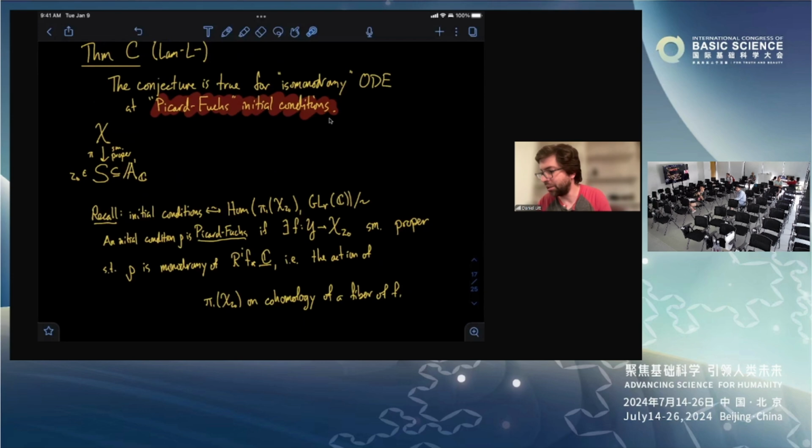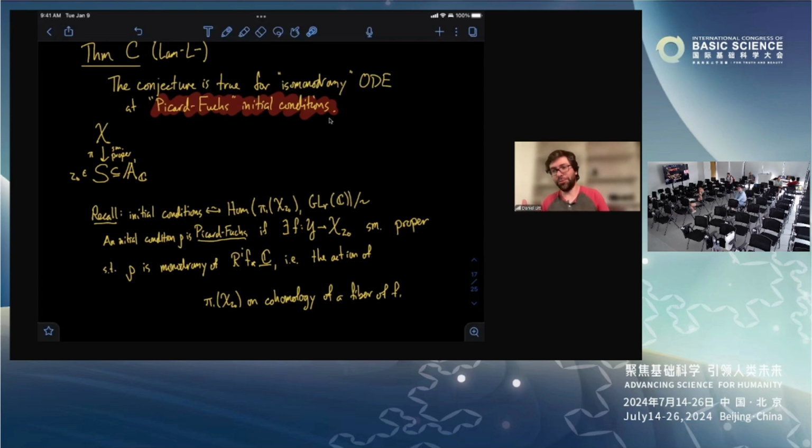The reason I call it a Picard-Fuchs initial condition rather than saying a Gauss-Manin connection is that there's some disagreement in the literature about whether a Gauss-Manin connection is a summand of a Picard-Fuchs equation as I've written it, or the whole thing. And I really need a Z structure, so I really need it to be the whole cohomology. So that's the reason for the terminology. Are there any other questions about this statement?